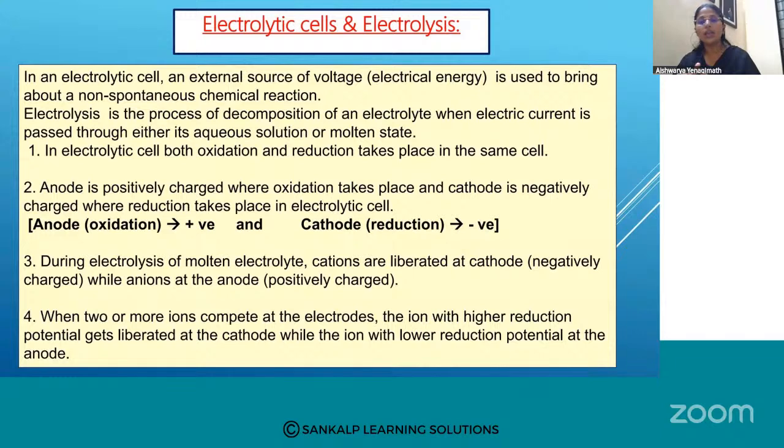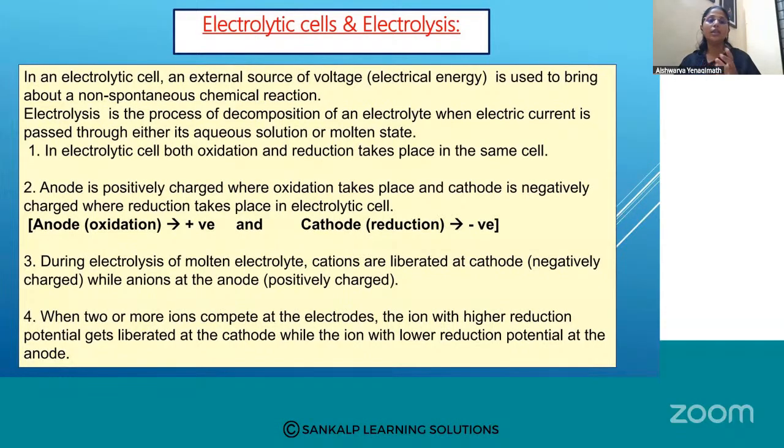The external source is the voltage we are going to apply, that is, in the form of electricity, correct? So using electrical energy, I am going to bring about a chemical reaction which is not going to happen on its own, a non-spontaneous chemical reaction, right?